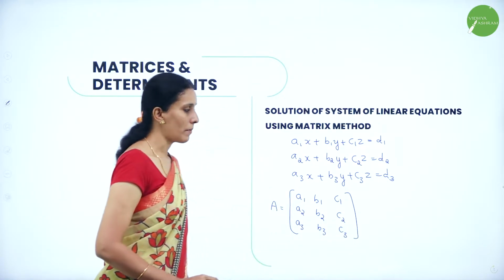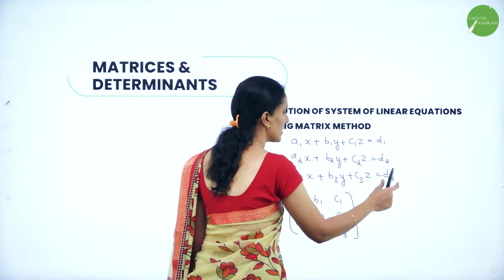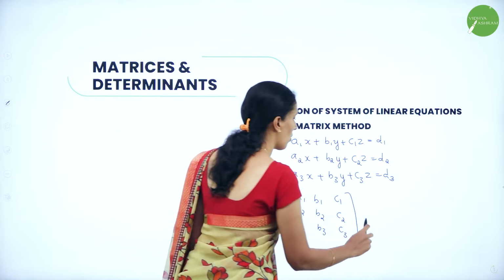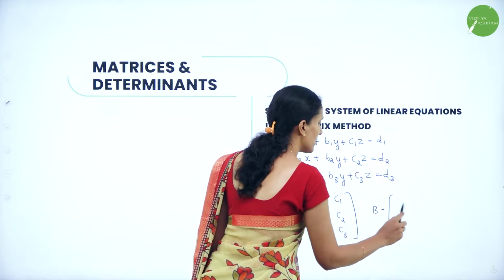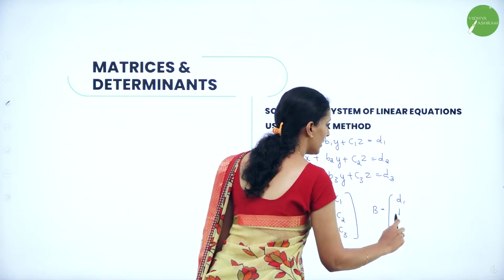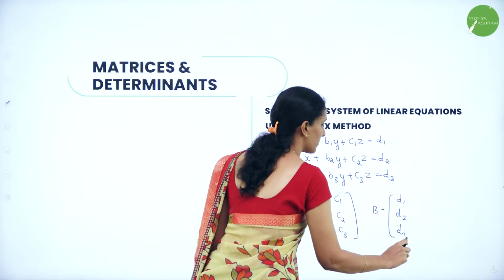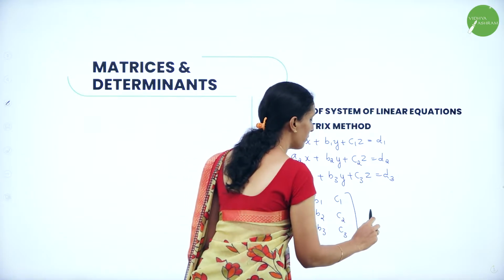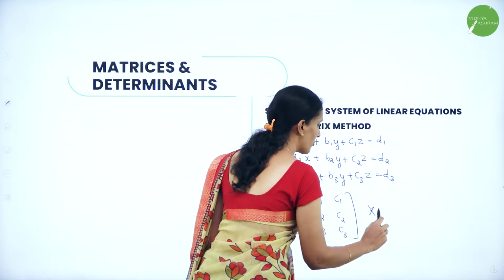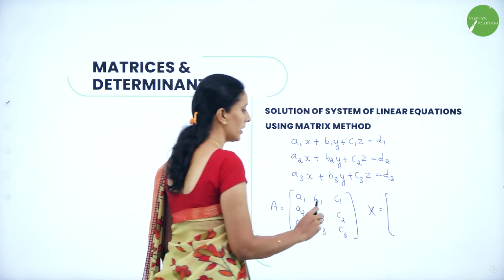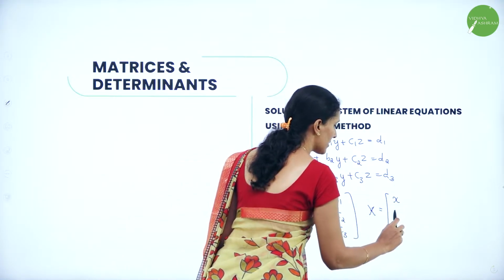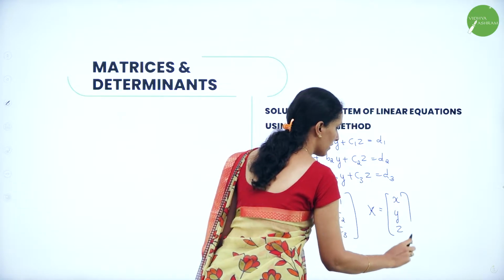So this is one matrix, and we will write the constants in another matrix called matrix B, that is d1, d2 and d3. After that, we will take one more matrix X where we will write only the variables in a column matrix, that is x, y, z.